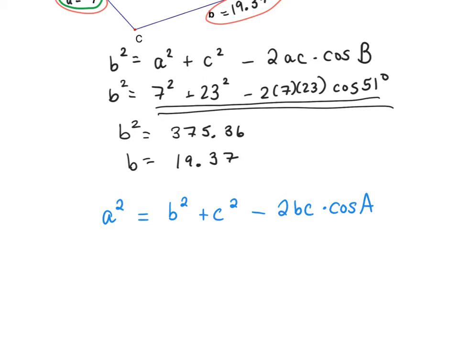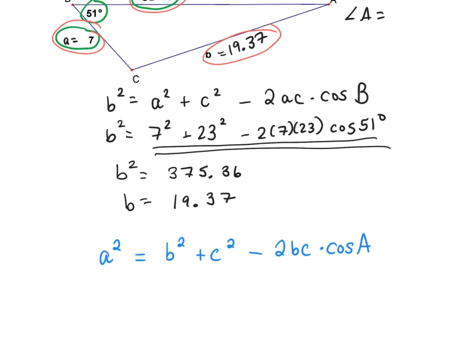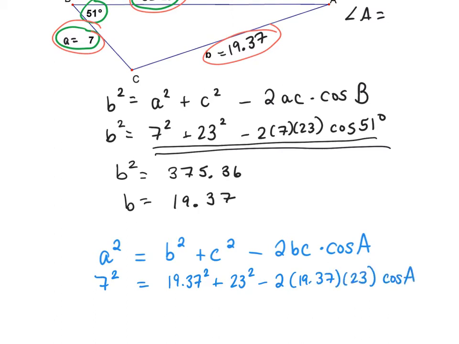So side A in our case, if we go back up here, side A was 7. So this is going to be 7 squared equals B squared, which is 19.37 squared, plus C squared, which is 23 squared, minus 2 times 19.37 times 23 cosine of angle A.